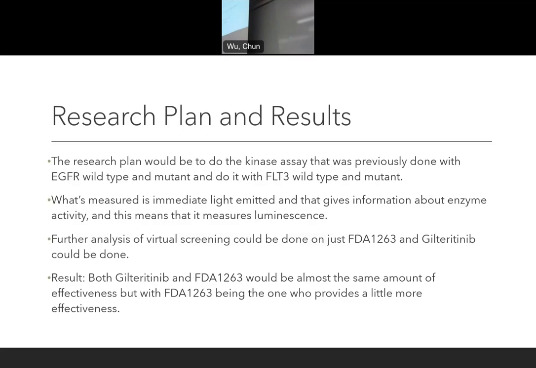And for the FDA 1263 drug, it would end up having a higher IC50 for the mutant kinase assay, but not as much higher than the other drug, due to the docking score increasing less than for the original inhibitor drug. Further analysis on the IC50 and virtual screening of just the FDA 1263 and gilteritinib could also be done to see which drug is more potent and which one could block more FLT3 activity.